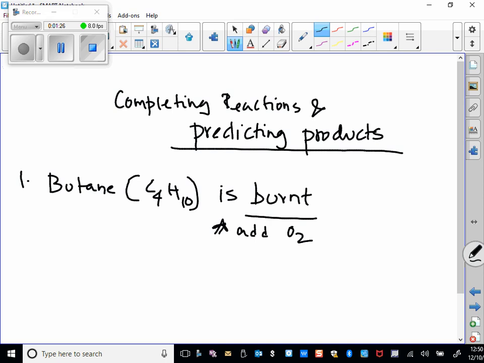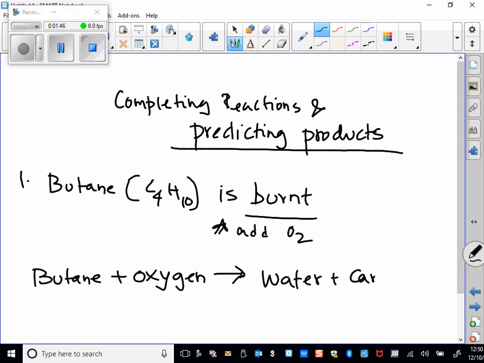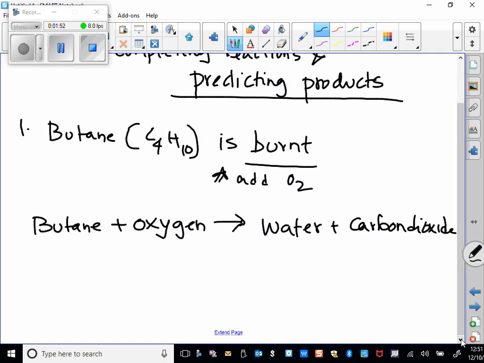So here is my reaction. All right? Butane will combine with oxygen to give what? What are the products of a combustion reaction? Water and carbon dioxide. Water plus carbon dioxide. All right? So this particular reaction, how are we going to write it out?